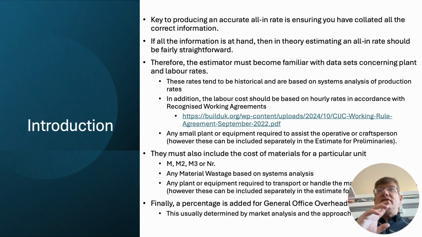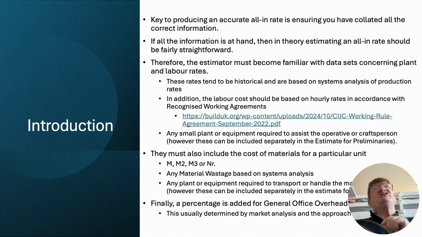Again, you reduce it down to a price for one block, and then just multiply it by 10 or 9.8 to give you a price per metre squared. So you need all the information at hand, once you've got that and a little bit of experience as well, because a lot of it is about educated guesses.